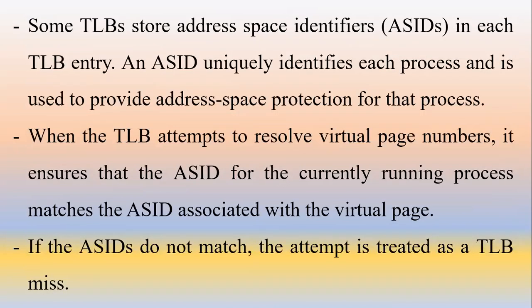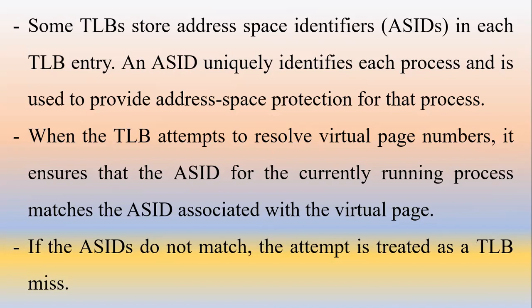Some TLBs store address space identifiers, which we abbreviate as ASIDs, in each TLB entry. An ASID uniquely identifies each process and is used to provide address space protection for that process.